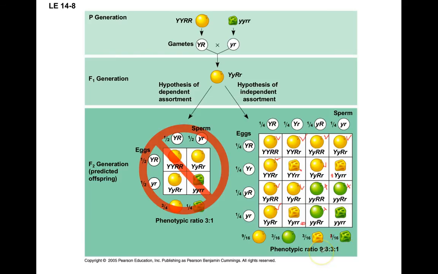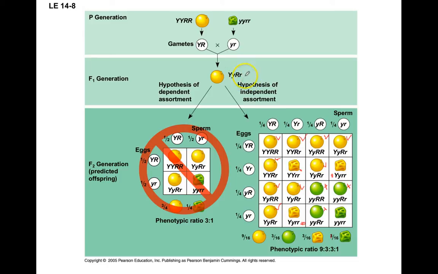So the phenotypic ratio for a dihybrid cross for the F2 generation, that is grandchildren, will be 9 to 3 to 3 to 1. Whereas the phenotypic ratio for the F1 generation will be 100%, 100% dominant trait. Genotypic ratio will be 100% heterozygous. Remember, this is heterozygous for both the characters.